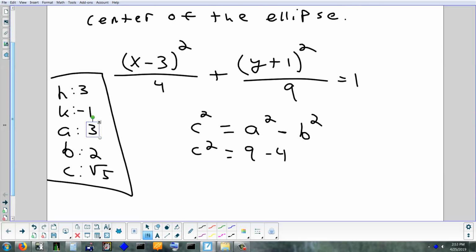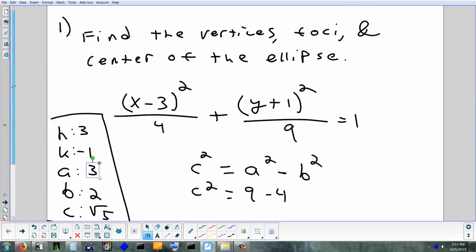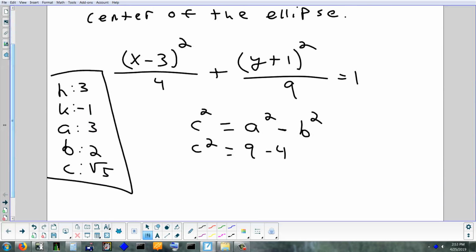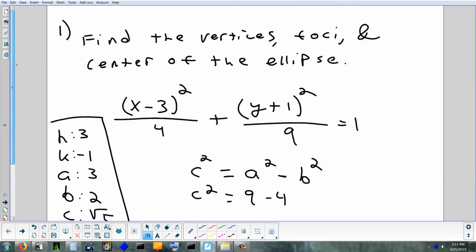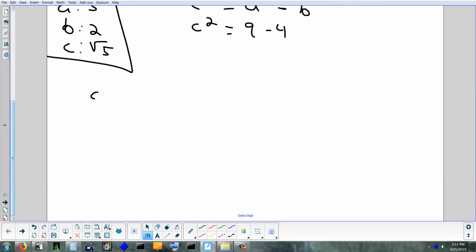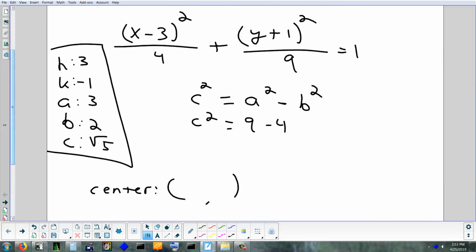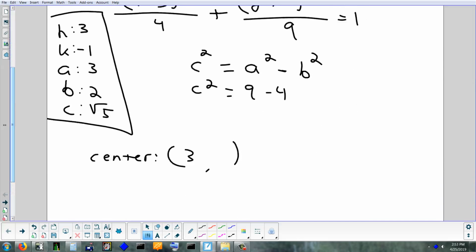All right, so now we've got all the important stuff. We can describe whatever they want. Let's do the center first. Where is the center? 3 and negative 1. Now, everything else is either going to be above and below that center or left and right of it.